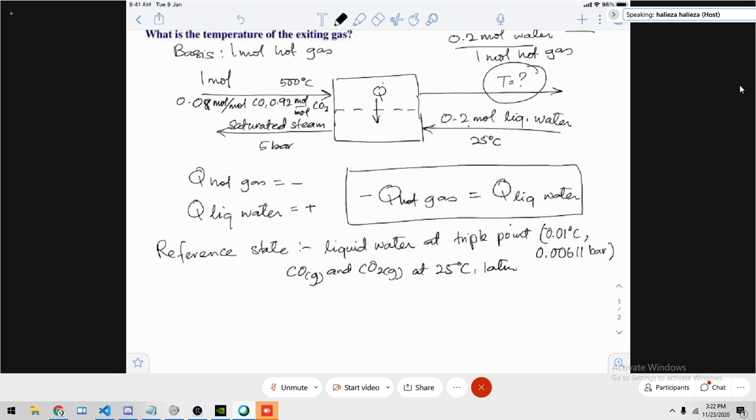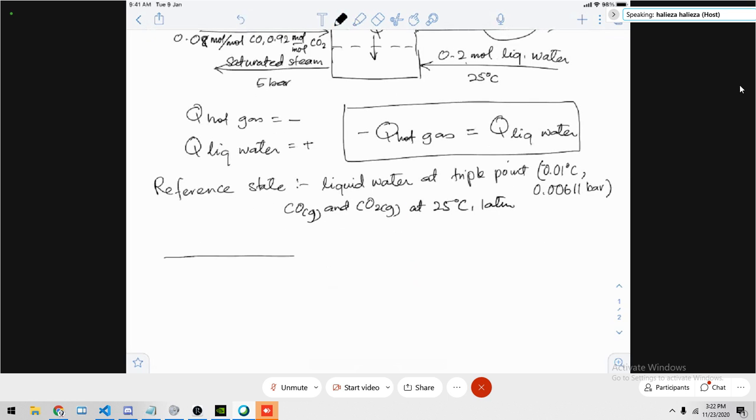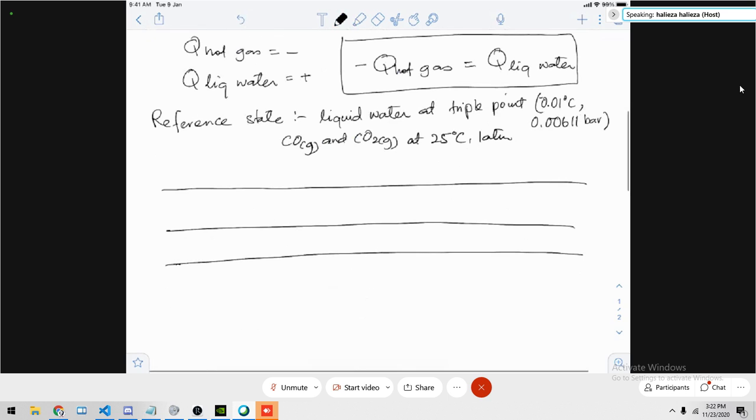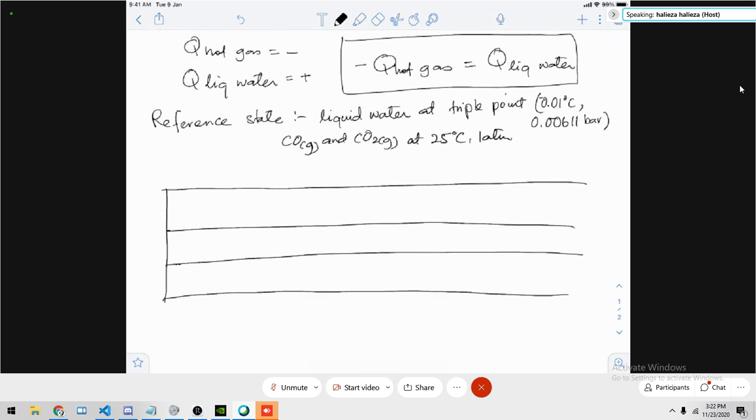Now let's construct our table. I need carbon monoxide, carbon dioxide, and water. I need to put water.